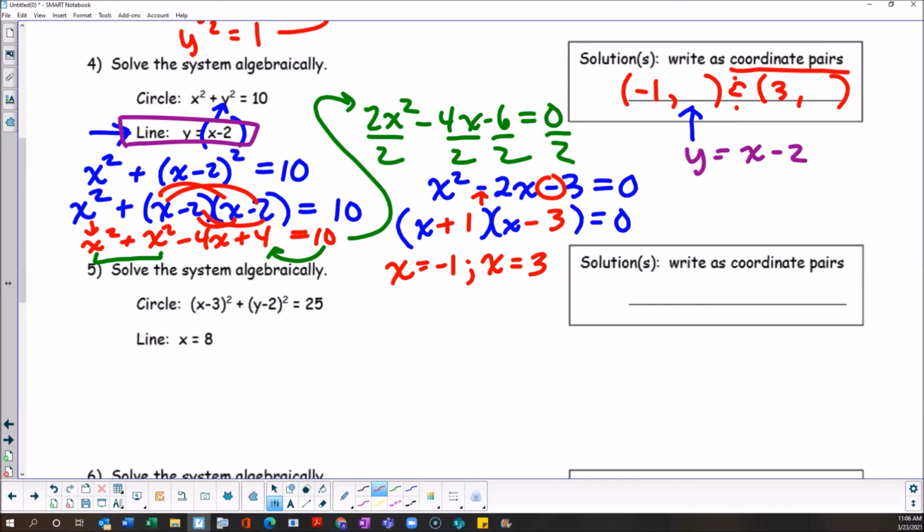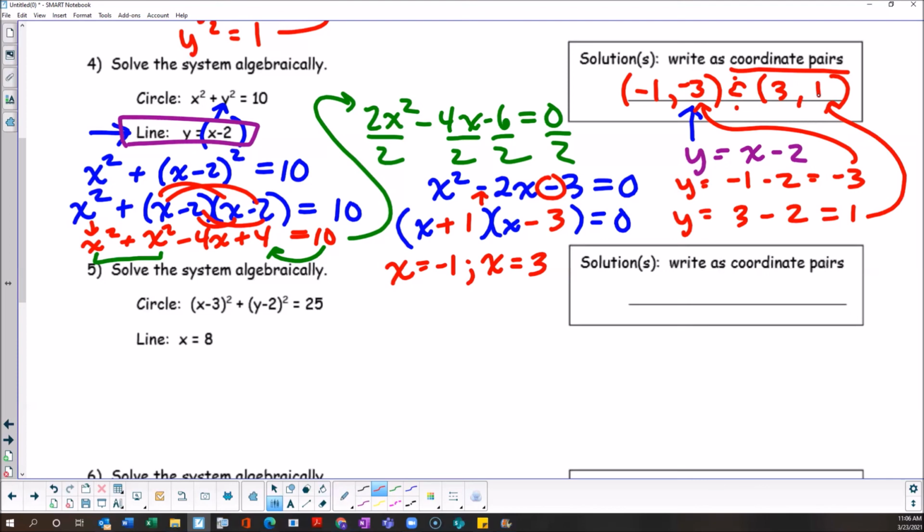So the first one, we said that's negative 1. So that becomes negative 3. That goes in there. All right, and then the second one would be 3 minus 2. I thought for a second I covered up a negative, but that was the last problem, wasn't it?